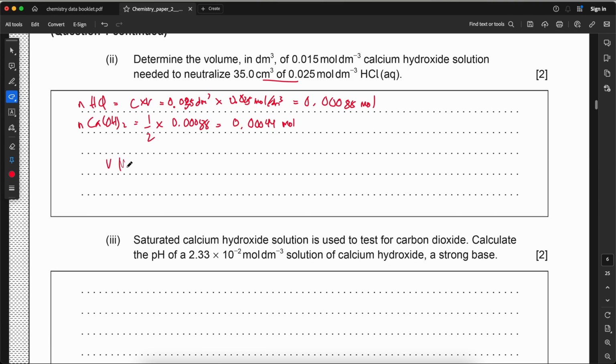So volume would be mole divided by concentration. So we've got the mole, we've got the concentration, which is 0.029 decimeter cube.